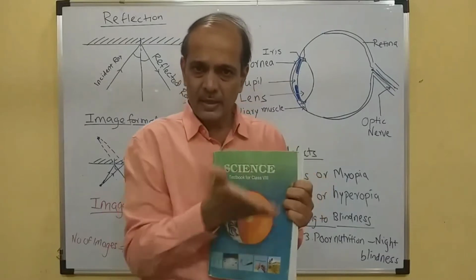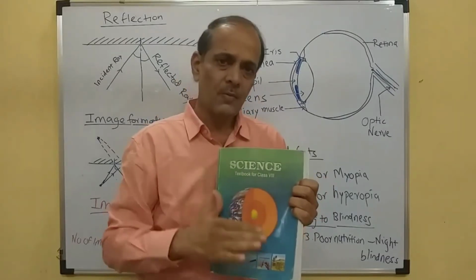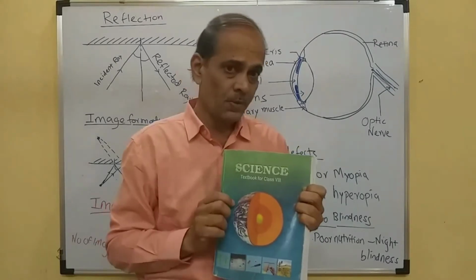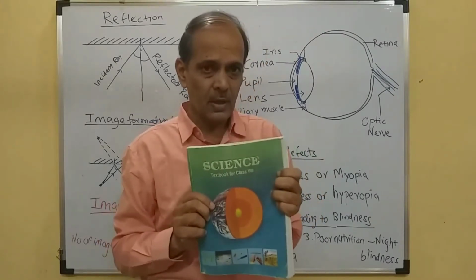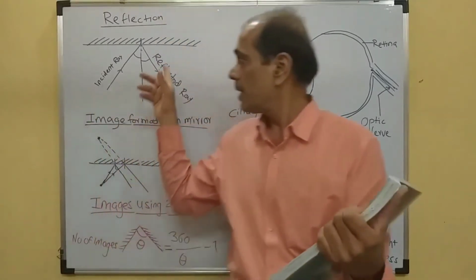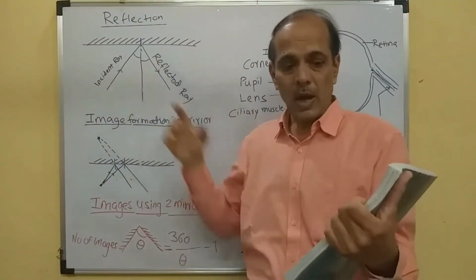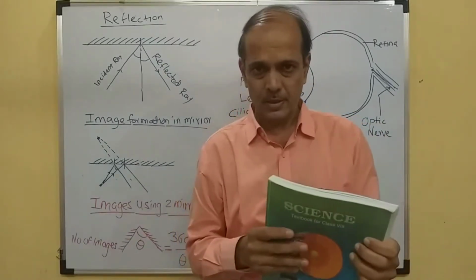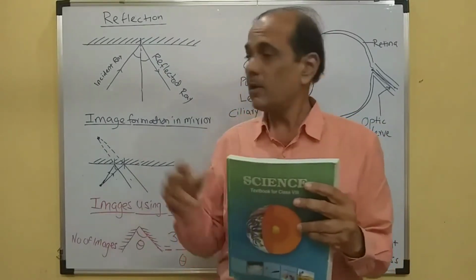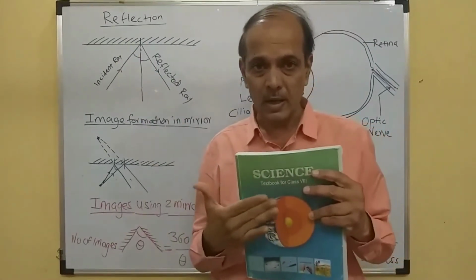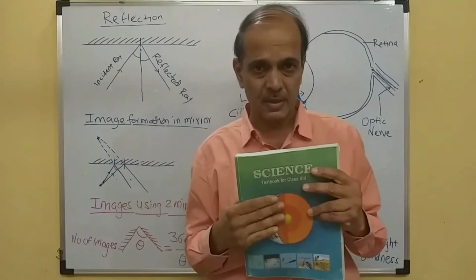So they are getting scattered. This is called diffused or irregular reflection. We can see the object because of this irregular reflection, but this cannot reflect the way a mirror will. So I cannot see my face in this. I can see the object, but that is not a regular reflecting surface. It is a scattering surface or diffuse reflection surface.